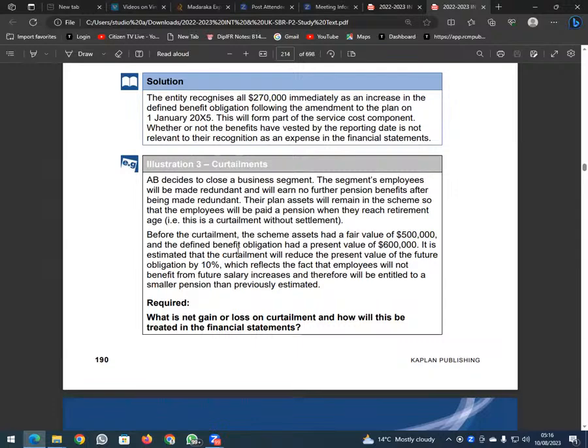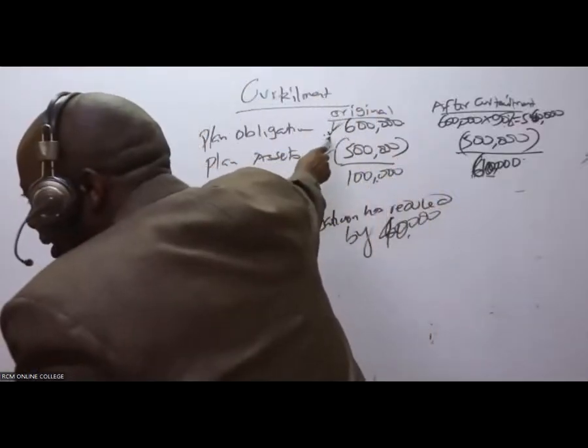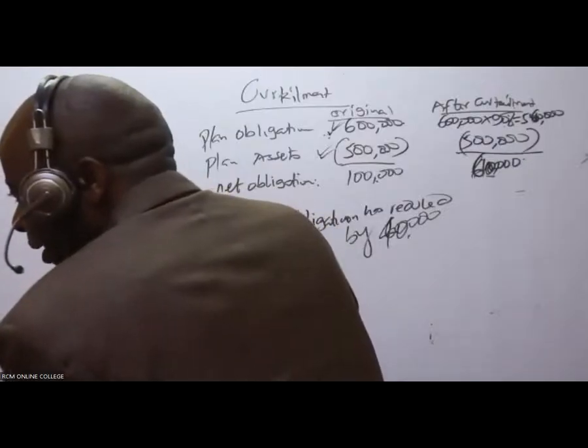Before the curtailment, the scheme assets were worth 500,000. And the defined benefit obligation has a present value of 600,000. These two we must be really okay with, because these were the original figures.